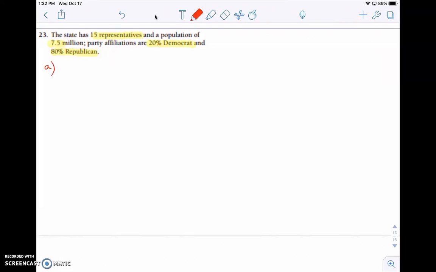first, what would be the ideal or theoretical distribution here. For Republicans, that would just be 15 representatives times 80%, which is 12.